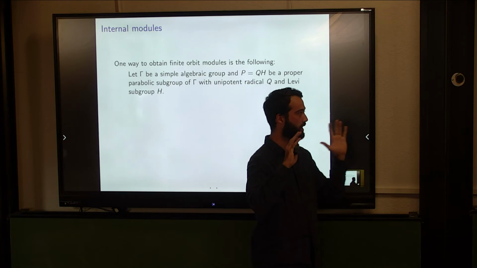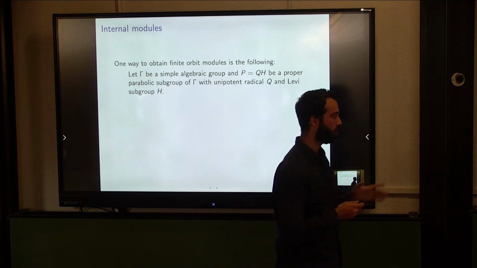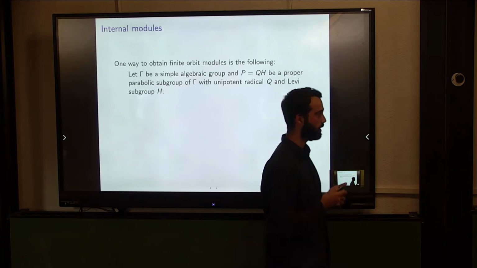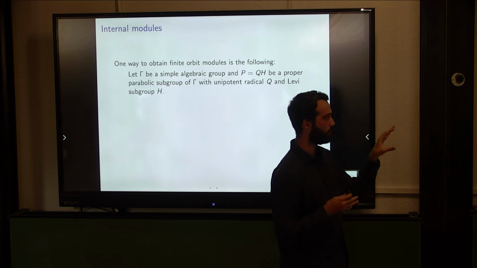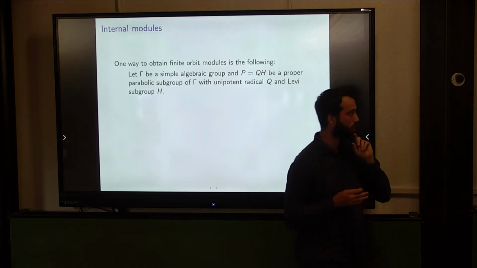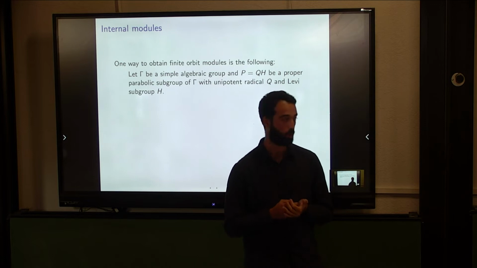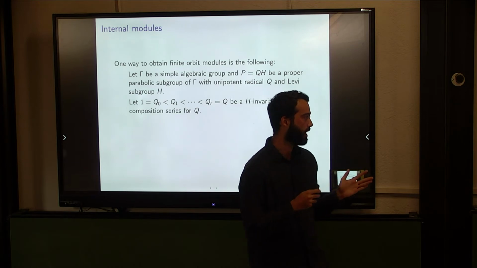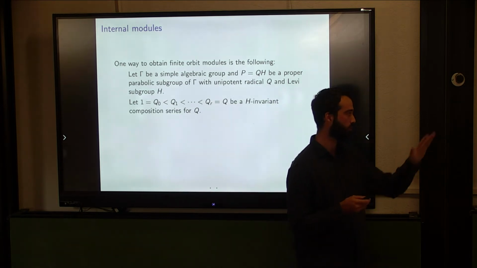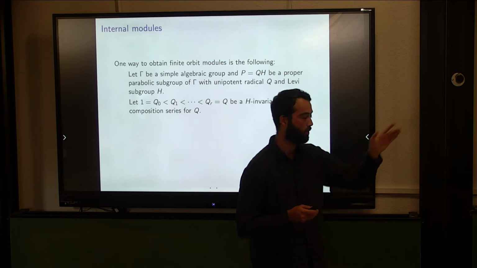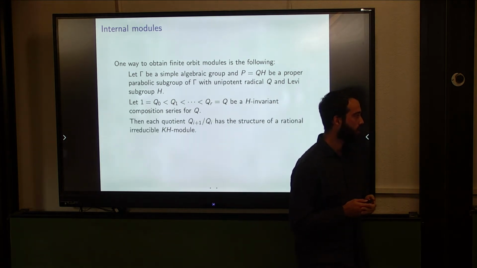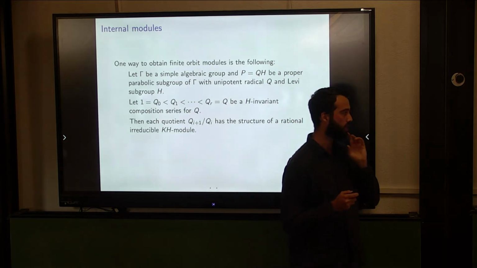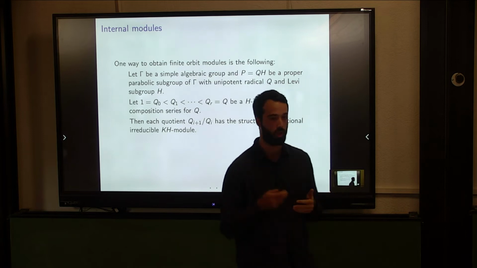So here you have Gamma, a simple algebraic group, and you have a parabolic P, which you want to write in a Levi decomposition as the product of the unipotent radical Q and H, which is a Levi subgroup of your P. And then you take an H-invariant composition series for Q, so you start from Q_0 being the identity, and then all the way up to Q. And what happens is that each quotient, Q_{i+1} over Q_i, has a structure of a rational irreducible KH-module.